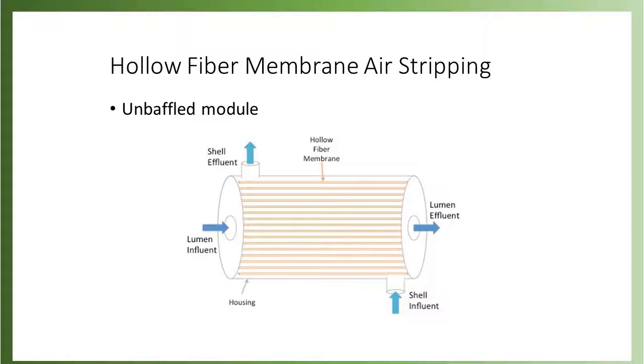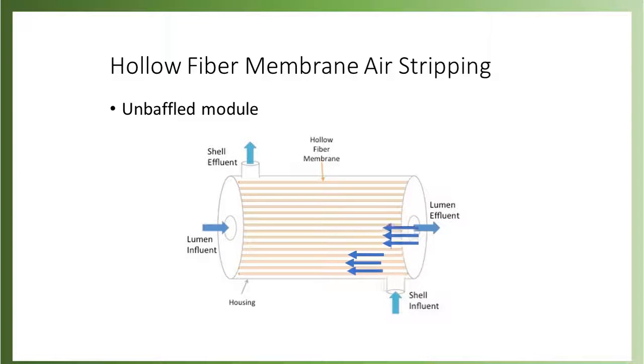Okay, so here is the hollow fiber membrane air stripper. These were the original version of this that was being sold before about 1989, 1990. It's what we call an unbaffled module, and if you look at it, you have flow in the air side coming across in the lumen, and then in the shell, the water's coming through, and the concept is it's supposed to go like that.